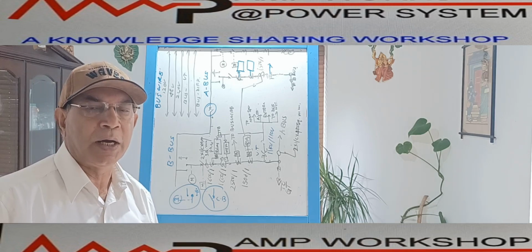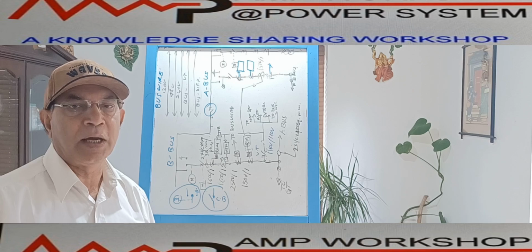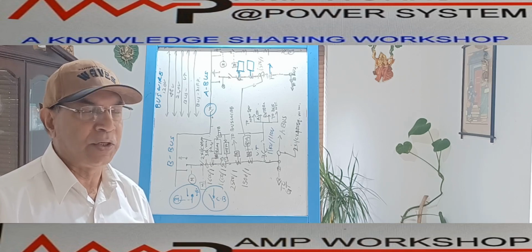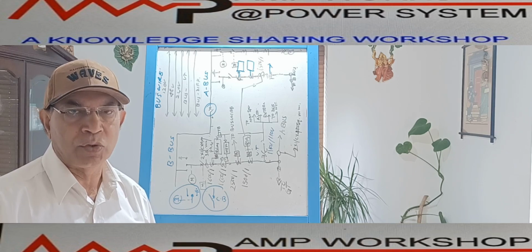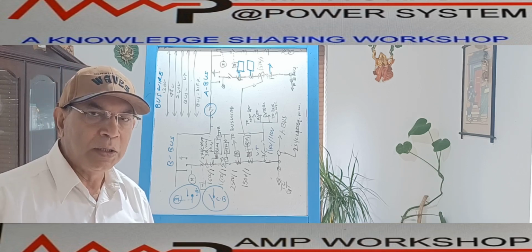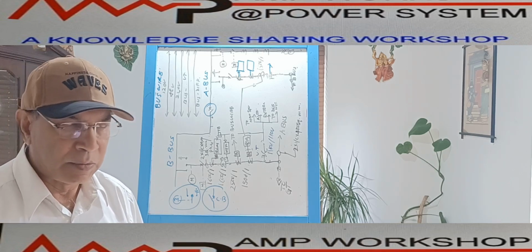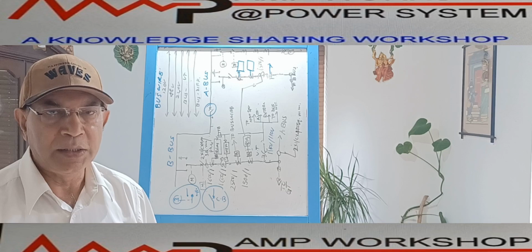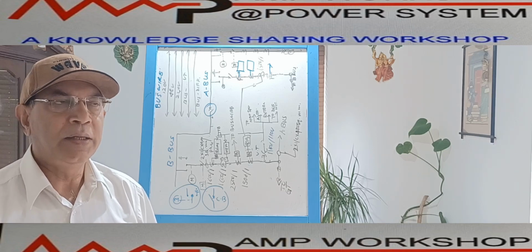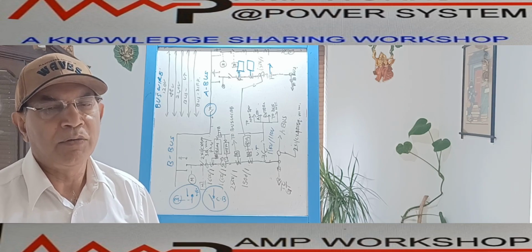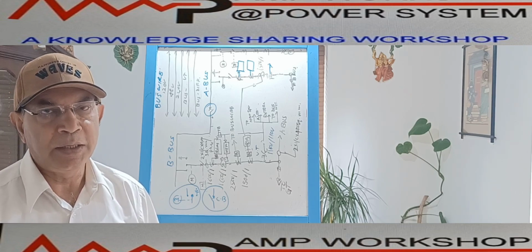First of all, we need the complete equipment sizing calculation. All the power equipment sizing calculations, like generators, transformers, motors, circuit breakers, CT, PT, cables, all the equipment sizing calculation is required. Based on that sizing calculation, and once we decide the switchgear rating, only then can we develop the single line diagram.